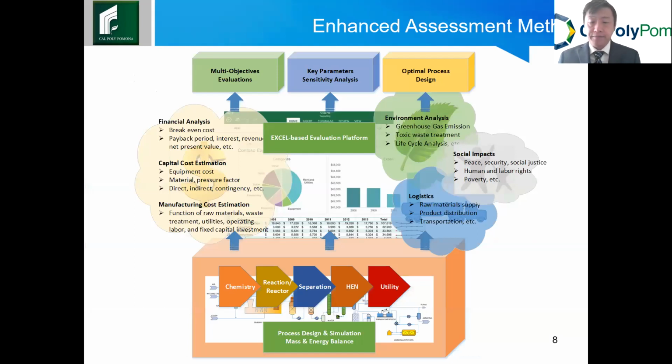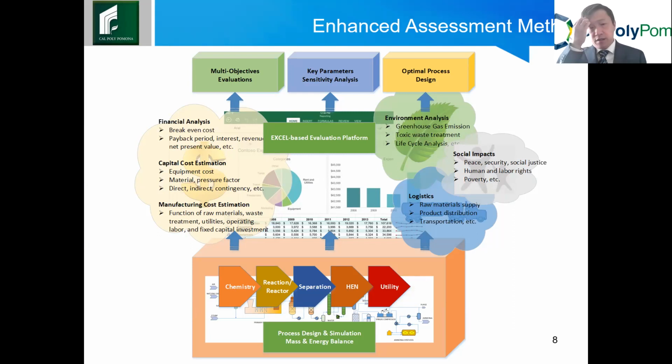But the new feature is that here we introduce an enhanced assessment method. This one is Excel based. We export the mass and energy balance information from the process design. And then we introduce several models in this Excel platform, for example, the CO2 emission credit, renewable energy discount, and module manufacturing discount, and so on.